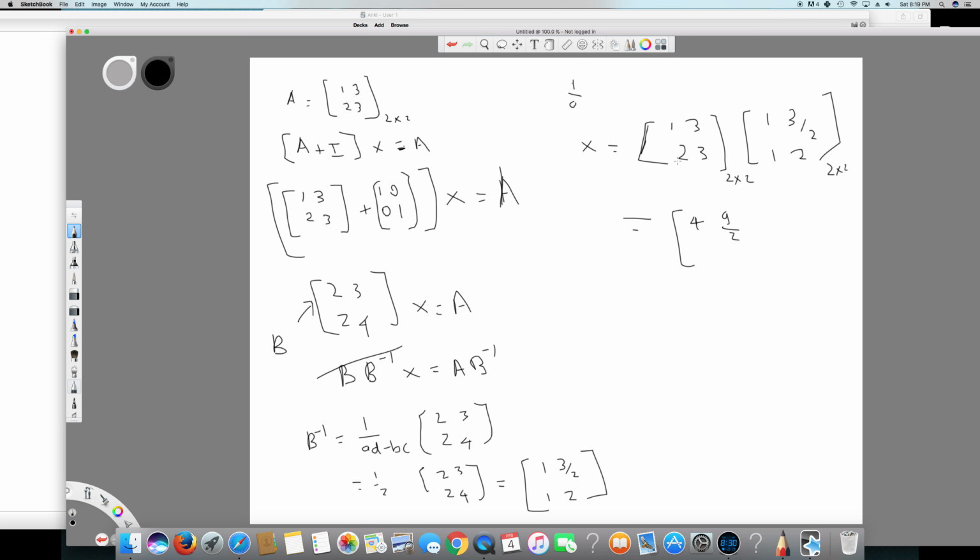Second row first column, 2 times 1 is 2, 2 times 1 is 2, 2 plus 2 is 4. Second row second column, 2 times 3 by 2 is 3, 3 times 2 is 6, 3 plus 6 is 9. So our X value is going to be 4, 4, 9 by 2, 9.